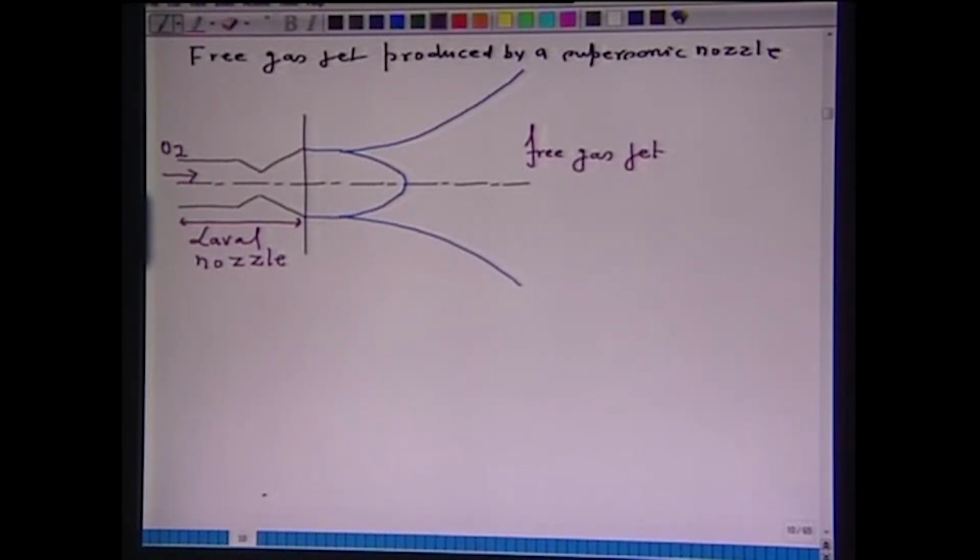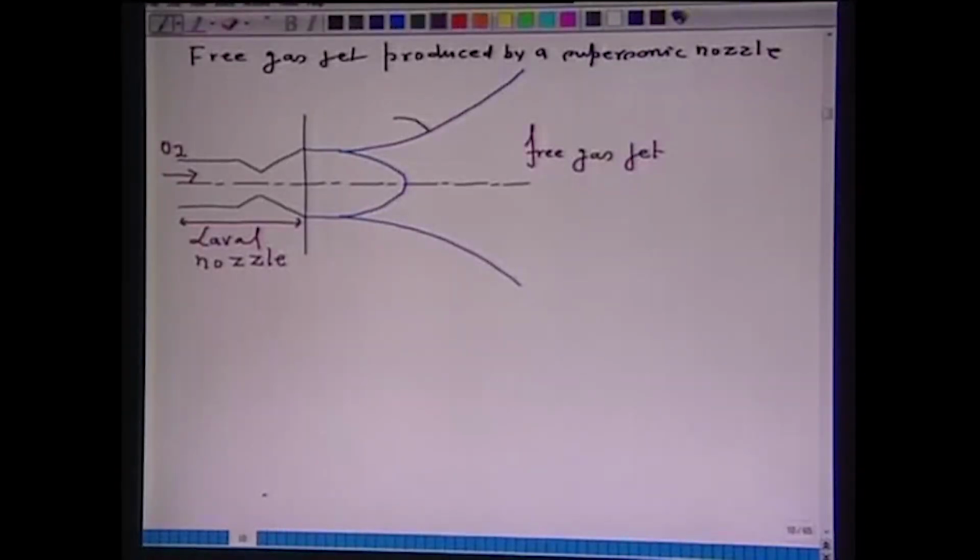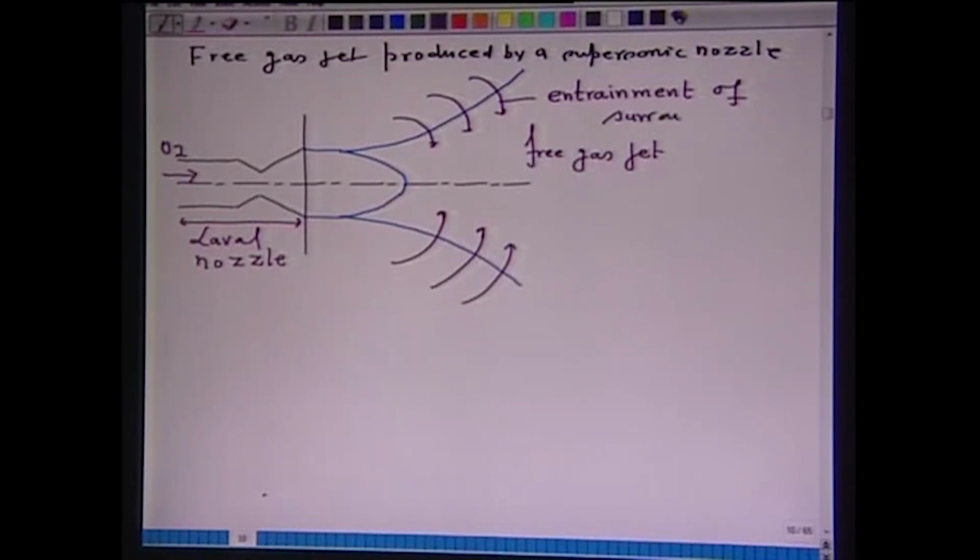Now, as the gas exits the nozzle, it spreads into the surrounding because of the entrainment of the surrounding. So, surrounding is entrained this way, this is the entrainment of surrounding. What will happen due to entrainment of surrounding?